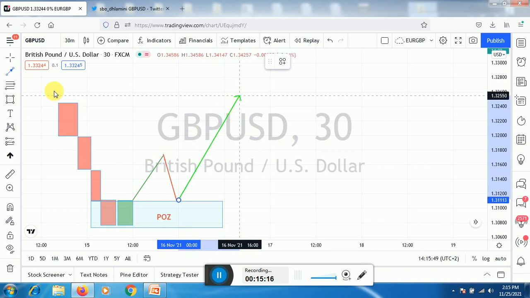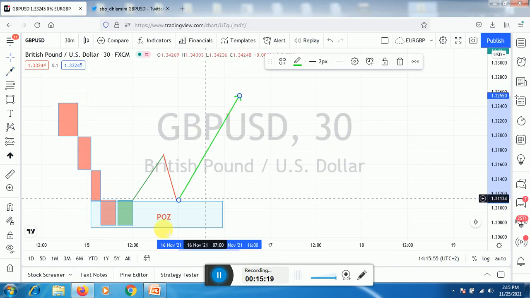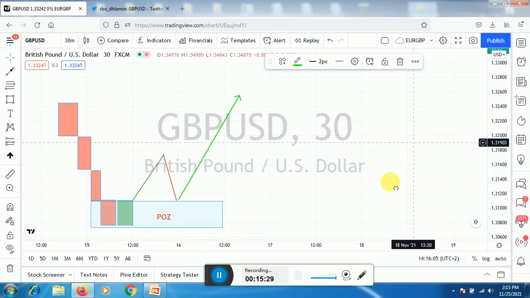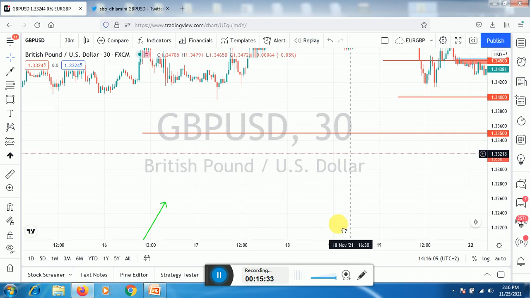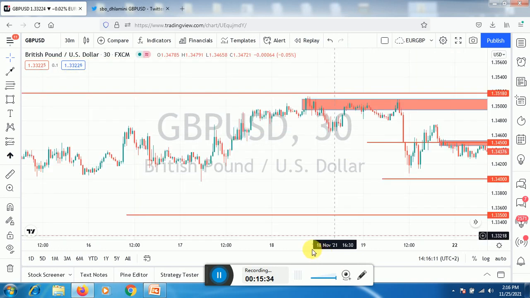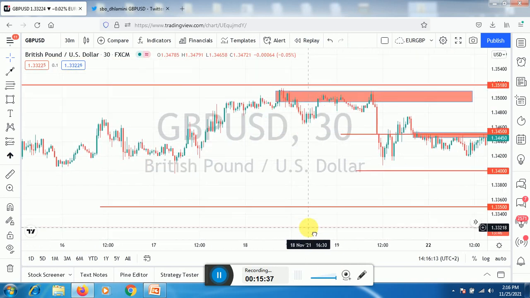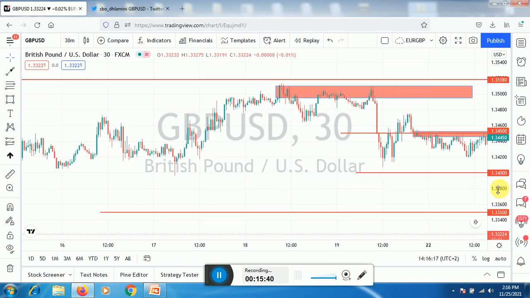So this whole zone, it is what? An order block, guys. This concept is simple but really powerful, so let us check an actual example here on this GBP USD 30-minute chart. That was just an illustration there.